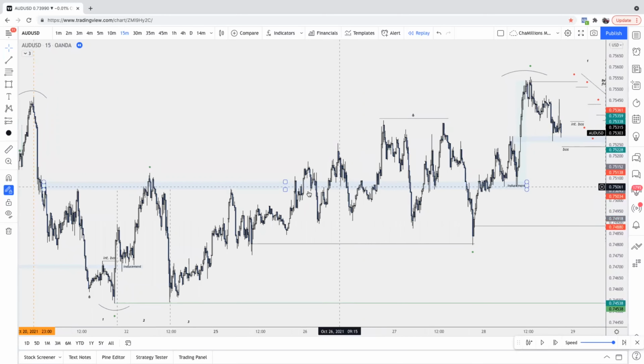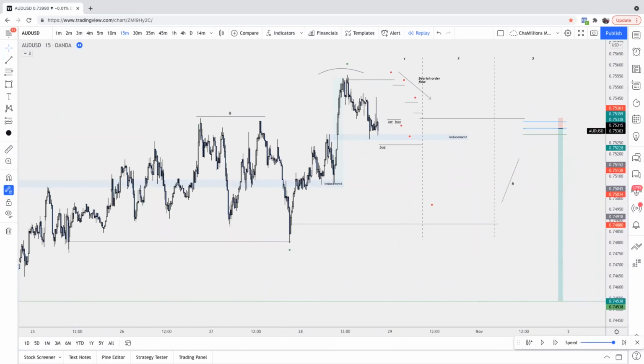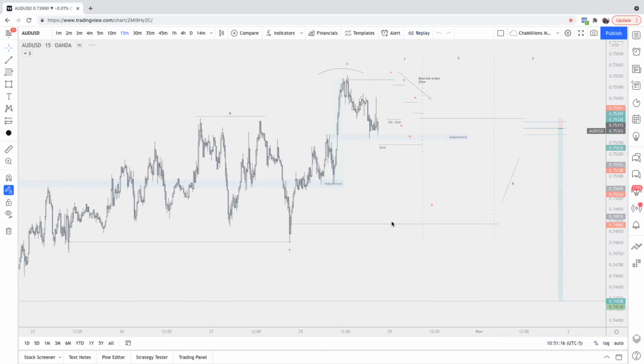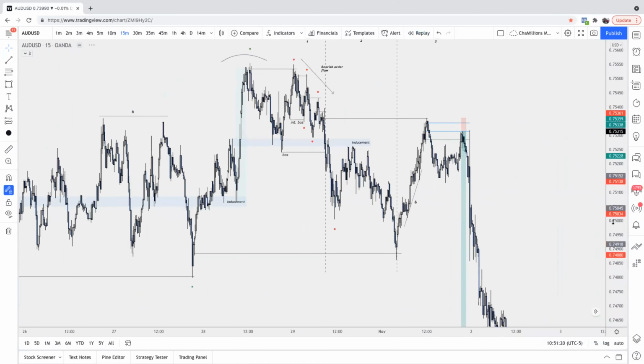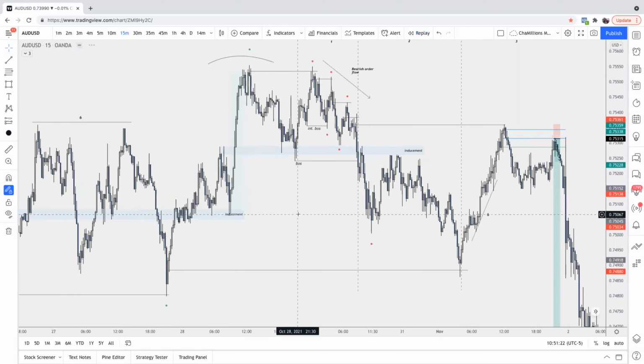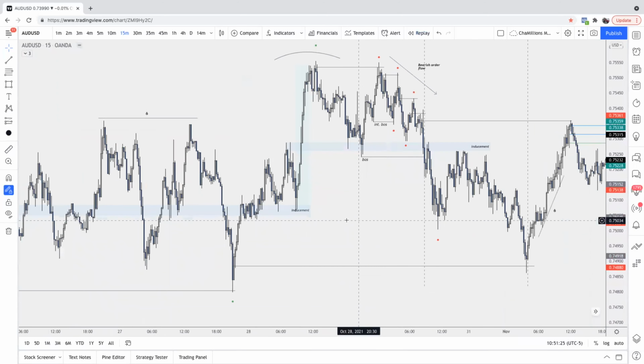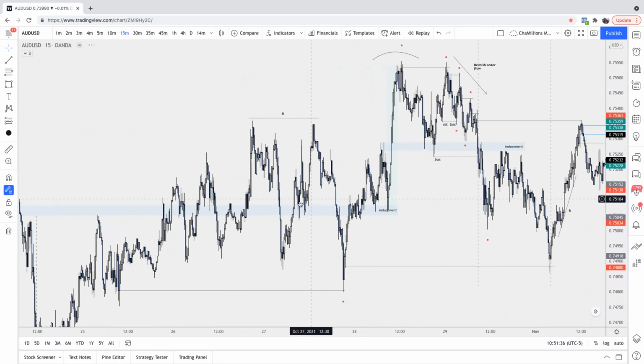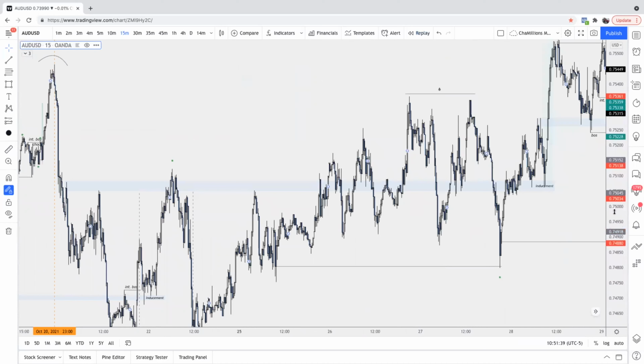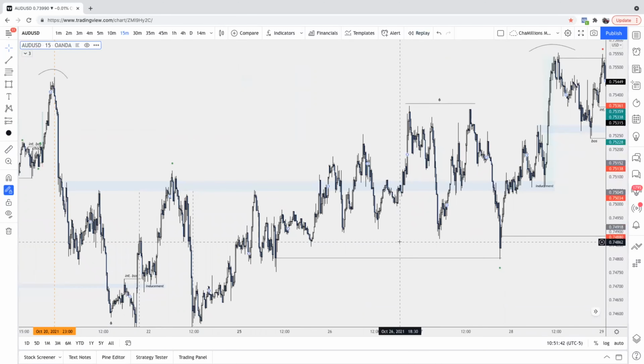Now, if we jump from here and jump onto this week here, I'm going to jump out of replay mode just to fast forward. Once I understood my intentions with the market, and what I mean by my intentions is that when you approach the charts, I personally don't approach the charts with the concept of trying to understand the market's intentions, right?